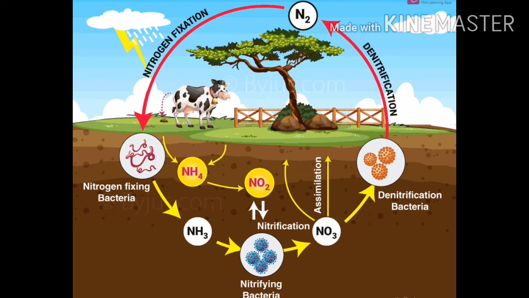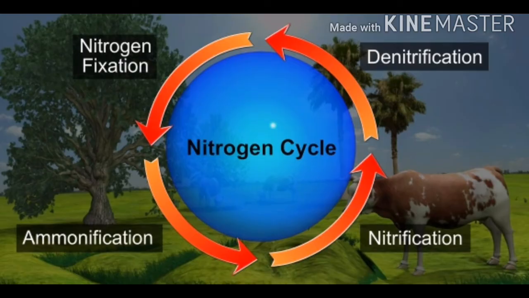And now the third step of the nitrogen cycle is nitrification. Nitrification involves the oxidation of ammonia to nitrites and nitrates. देखिए, जो plants और animals के body में protein present था, जो nitrogenous compounds present थे, उनका breakdown ammonia में.